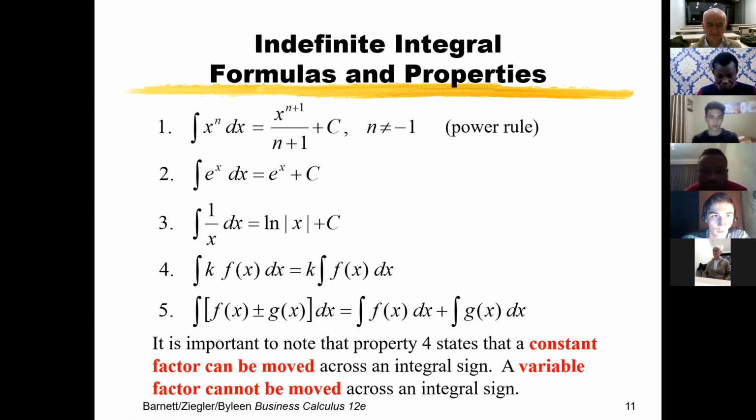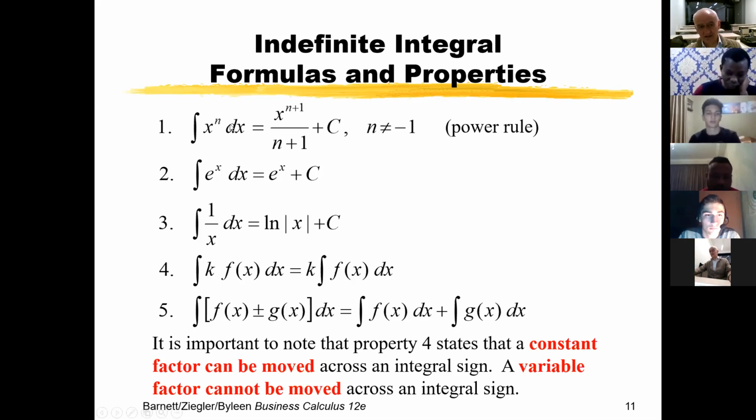In the denominator we have 0 and we cannot divide by 0, so the formula does not work. Let's agree that when n equals -1, this formula does not work. But what will be the integral in this case?